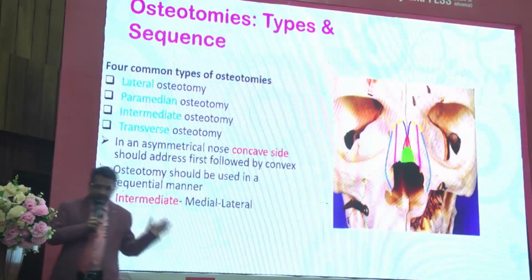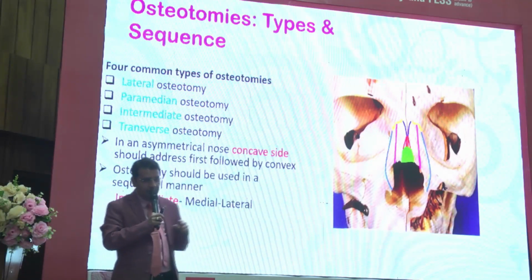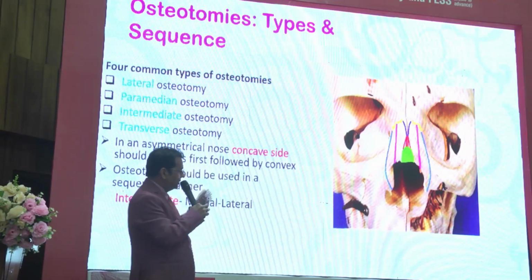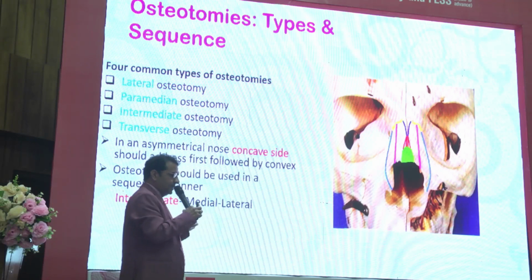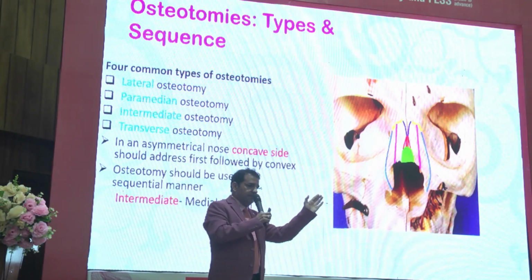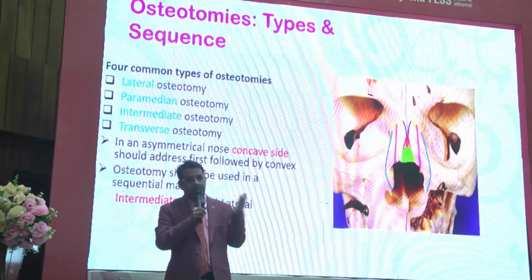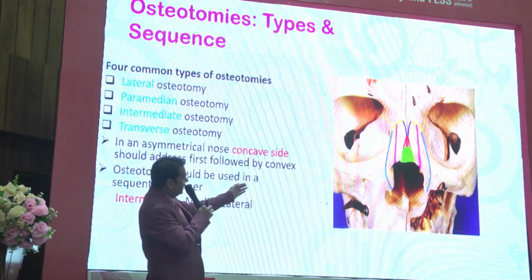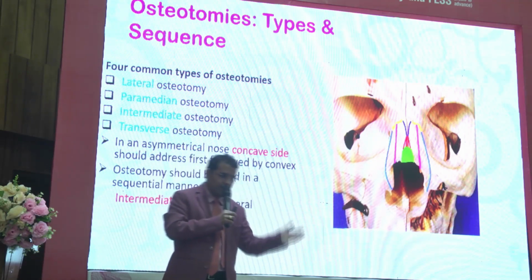Now, we also discuss this in the 7 golden steps. We usually have 4 types of osteotomy, so never be biased regarding these. Whenever you deal with the medial part of the lateral nasal wall, that is the paramedian or median osteotomy. Whenever you deal with the lateral-most part of the lateral nasal wall, that is the lateral osteotomy.